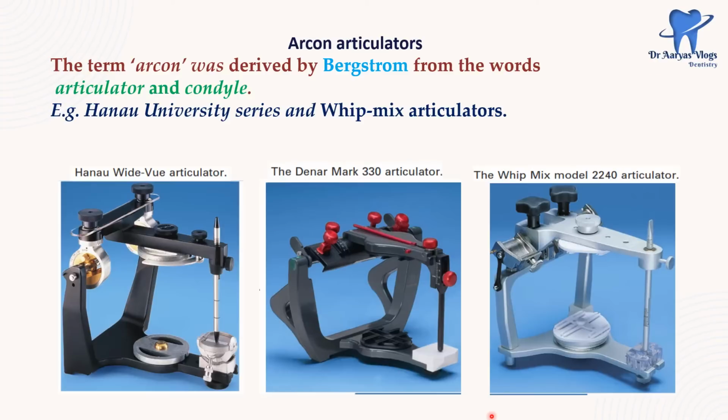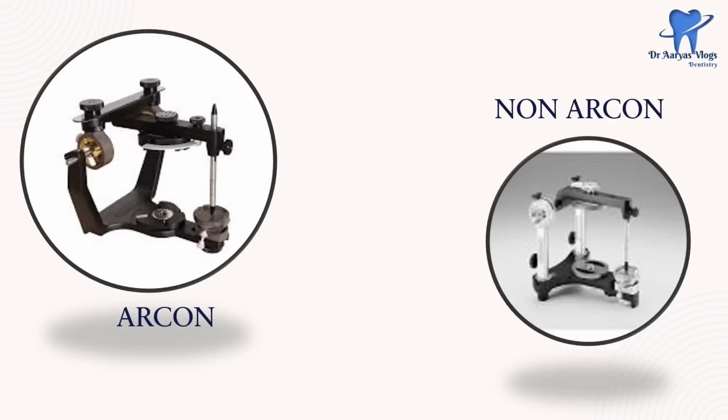These are the various types of semi-adjustable articulator, basically the arc-on type. This is the Hanau Wide-Vue articulator. This is Denar Mark 330 and this is the Whip Mix model 2240 articulator.